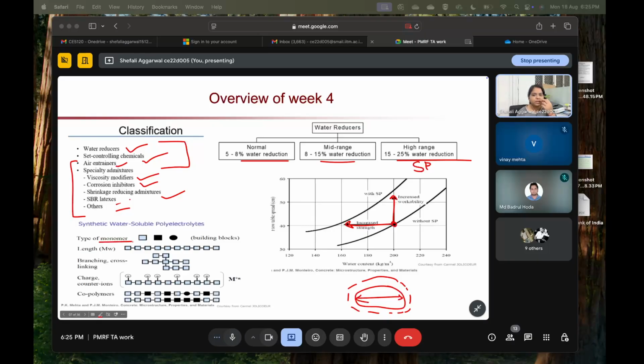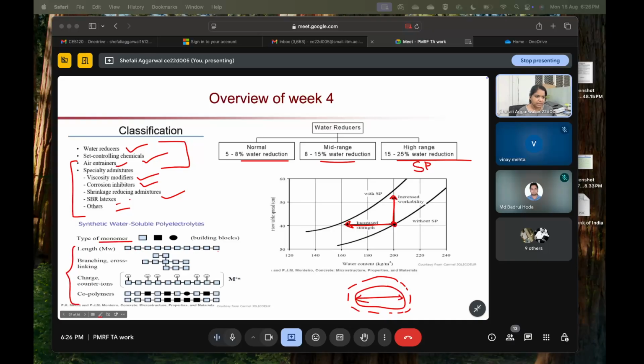Monomers are the basic unit of an organic compound, and when multiple monomers are joined, we have a polymer. It can join in a linear way, in a branched way or a cross linking way, and these are the different ways in which monomers join and form different types of polymers.